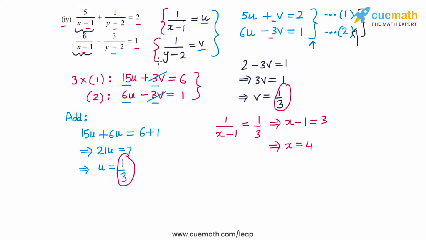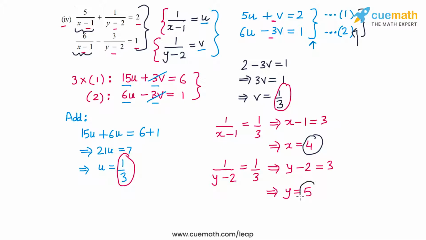And now let's use the second relation. 1 by (y minus 2) is equal to v, which is equal to 1 by 3, and this means that y minus 2 is equal to 3 or y is equal to 5. So the final values that we obtain, the solution to this pair of equations, is x is equal to 4 and y is equal to 5.